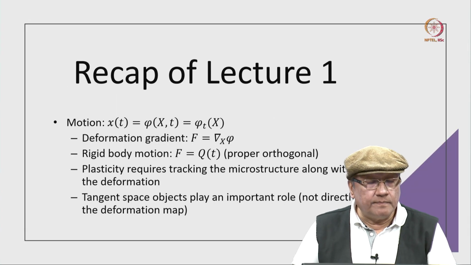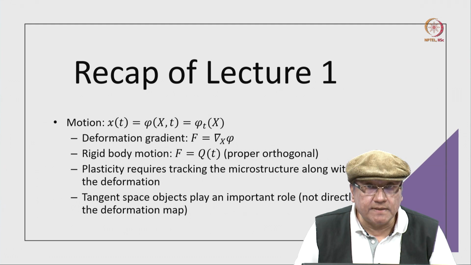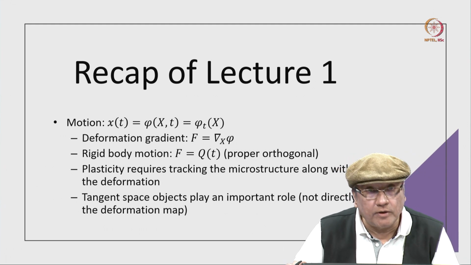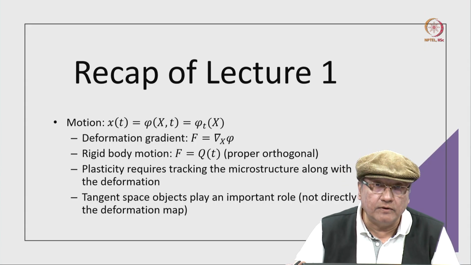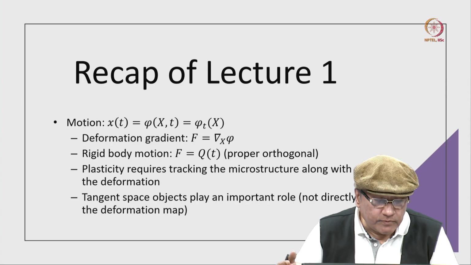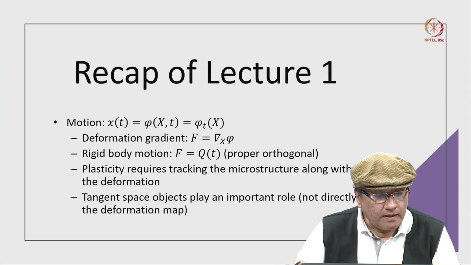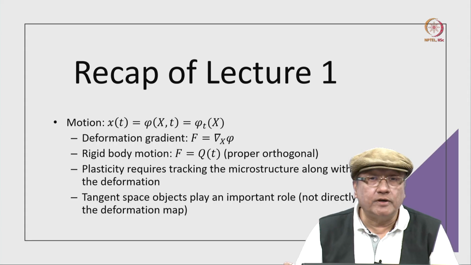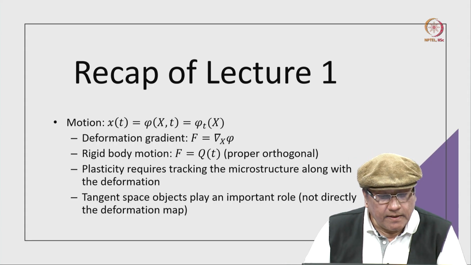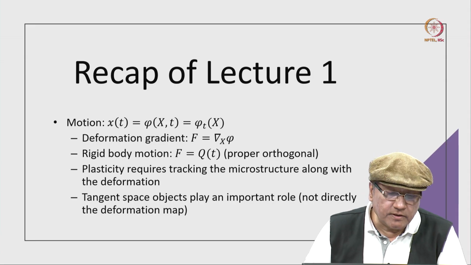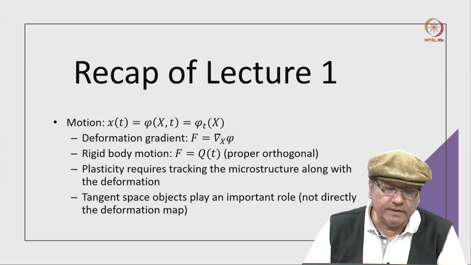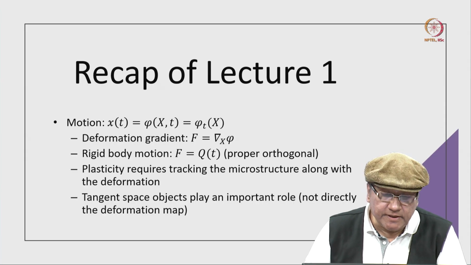So, please recall some of the things that we discussed in lecture 1. We were talking about continuum modeling, a field theoretic modeling of the mechanics of solids, specifically with plasticity in mind. The motion, recall, is given by a deformation map phi as a function of capital X, which is the coordinate cover for the referential configuration, and time t.